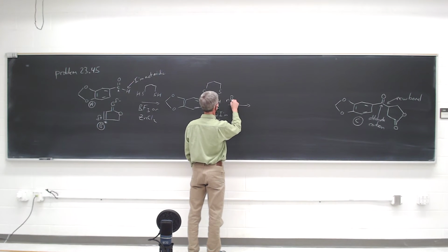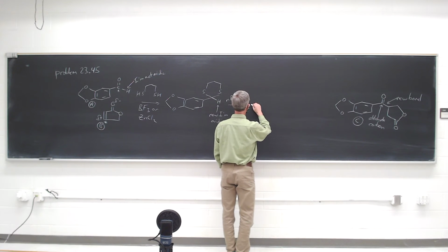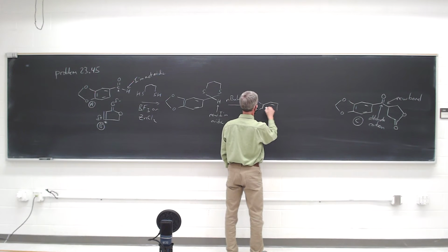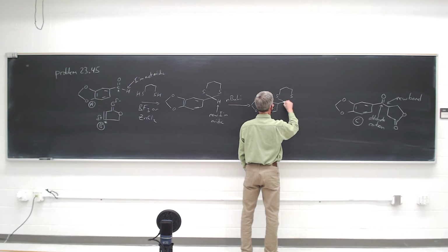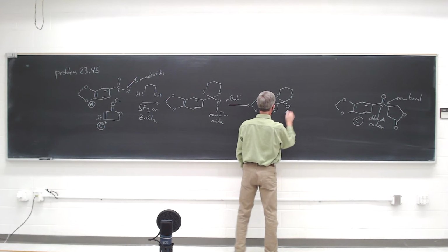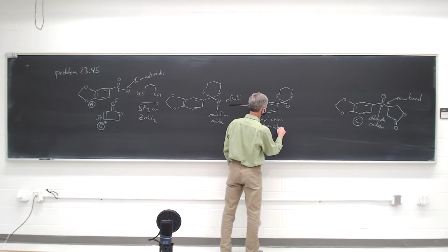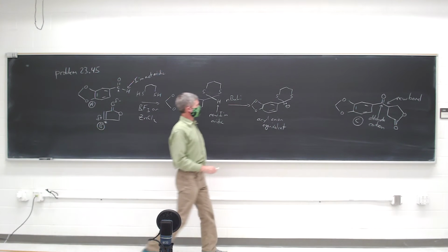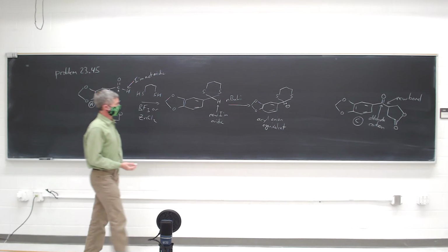The standard base for removing that is butyllithium. So we'll take that proton off and generate the lithium anion. Here's my acyl anion equivalent, which behaves like an aldehyde negative charge without being an aldehyde negative charge.